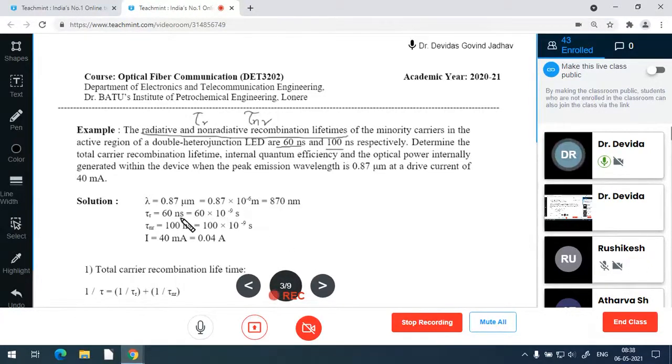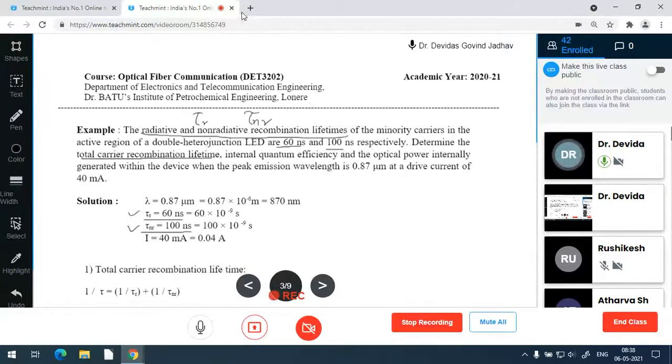So tau r is given as 60 nanosecond, tau nr is given as 100 nanosecond. So these are the data.